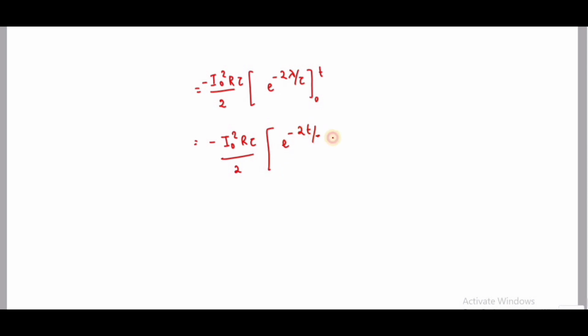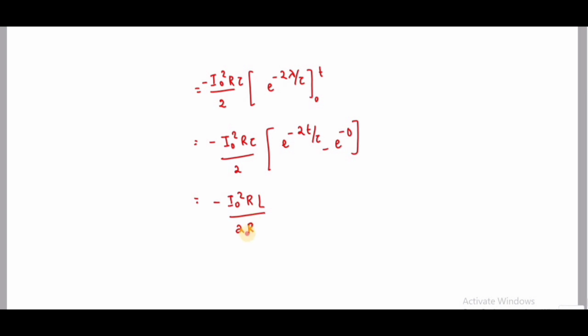Substituting the t value and the 0 value for lambda, I get minus I naught square R tau divided by 2 times e power minus 2t divided by tau minus e power 0, which is 1.